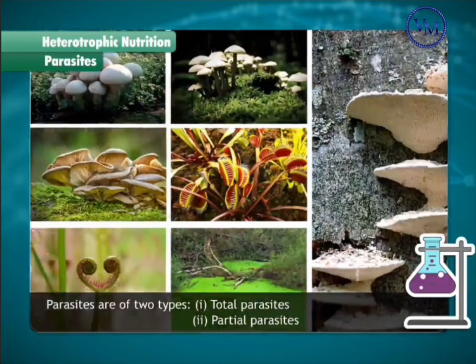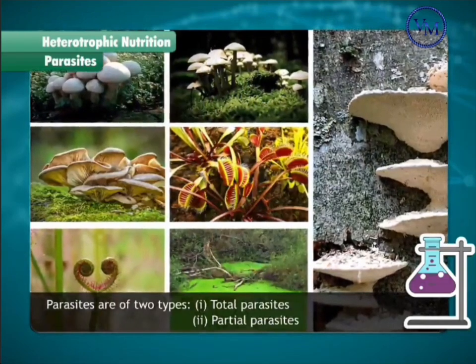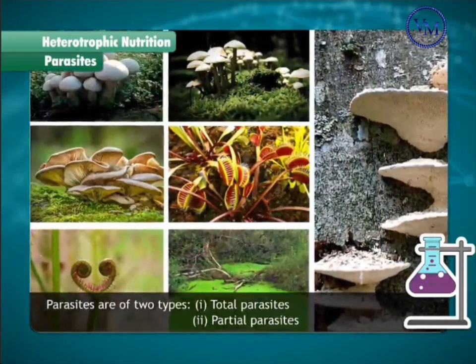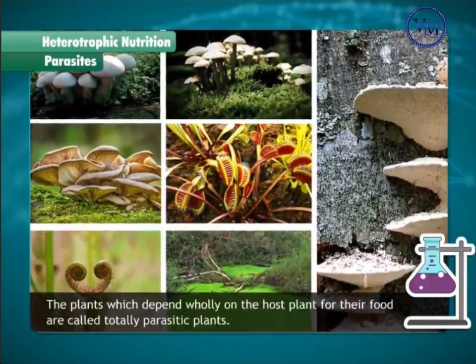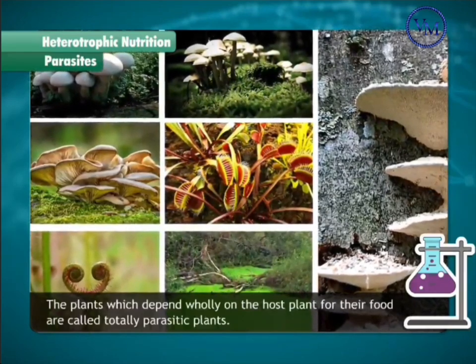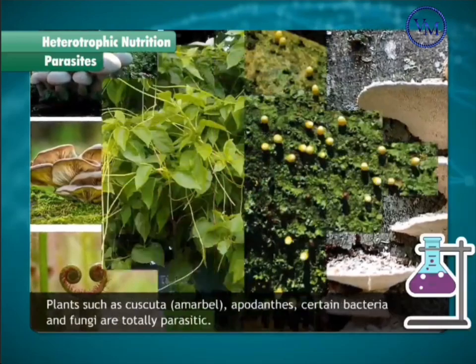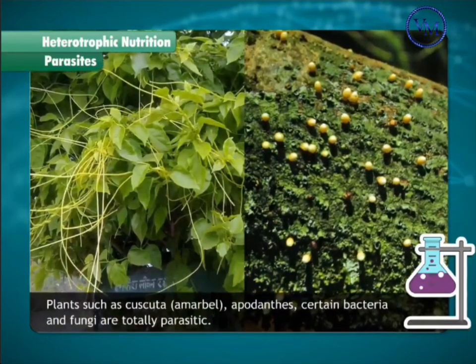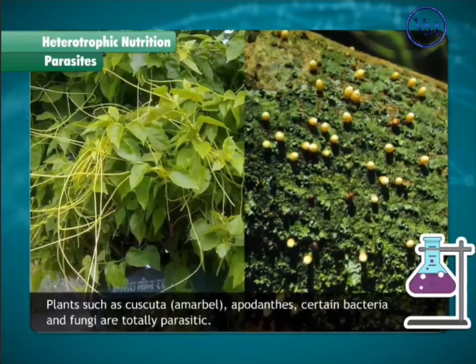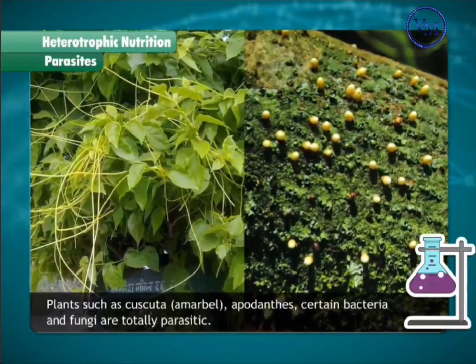Parasites are of two types: total parasites and partial parasites. The plants which depend wholly on the host plant for their food are called totally parasitic plants. Plants such as Cuscuta, Amarbel, Apodanthus, certain bacteria and fungi are totally parasitic.